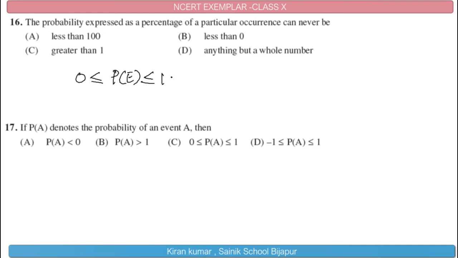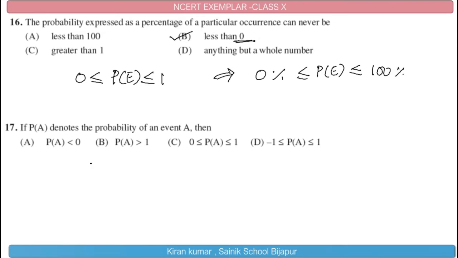So when it is converted into a percentage, it will be 0% less than or equal to the probability of an event less than or equal to 100%. So when we convert in terms of percentage, it cannot be negative, so it's a positive number. Less than 0 is not possible, so option B is the right answer for the question.